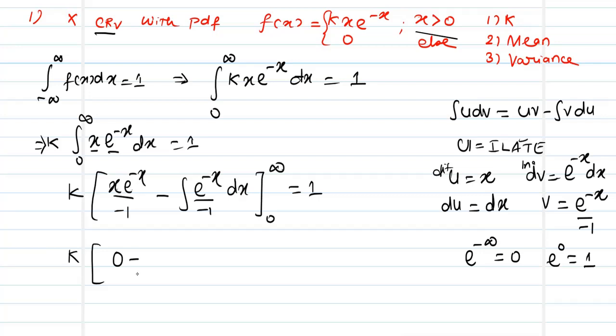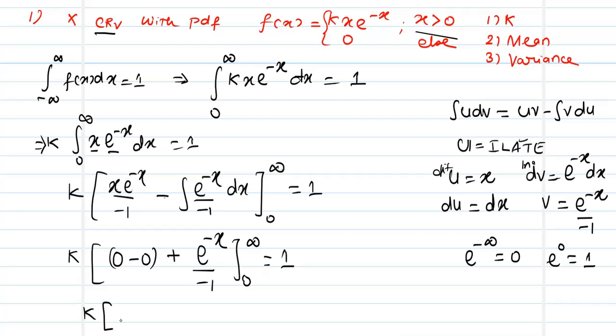Zero into something gives us 0, so this term will vanish. Now moving on to the second term, minus into minus makes it plus. The integral of e power minus x gives us e power minus x divided by minus 1, for which we apply the limits from 0 to infinity.